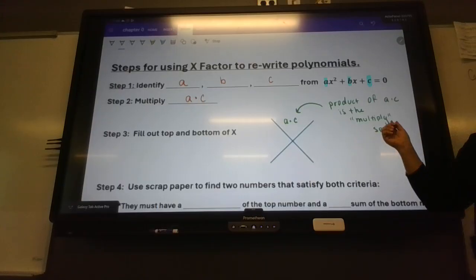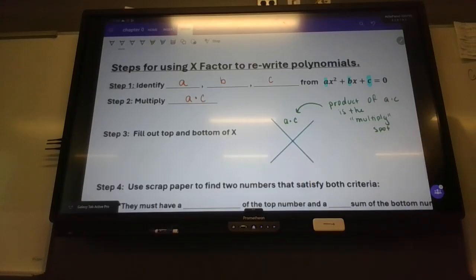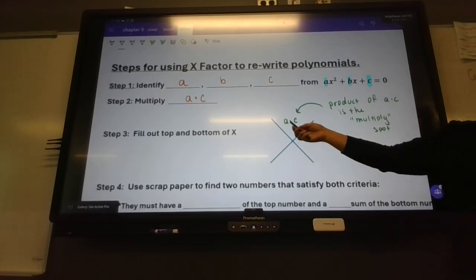So the product of A times C is the multiply spot. And best case scenario, A is 1. When A is 1, this process goes really smoothly. You don't even need like 3 steps. The process is just longer when A is not 1.